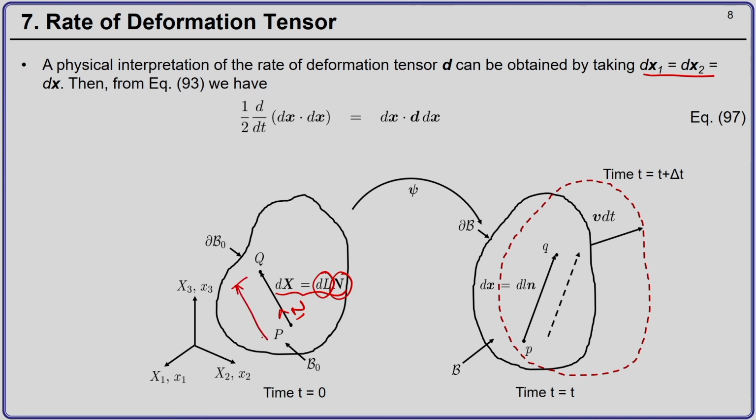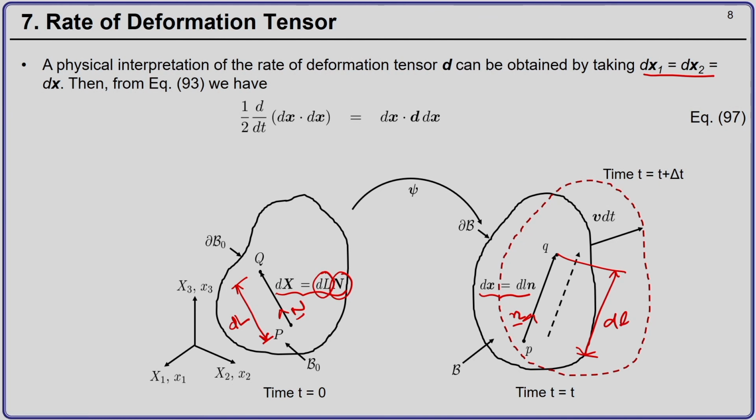And now, this vector gets mapped to the spatial vector dx given by dl into n, where n is the unit vector along PQ and small dl is the length of the vector PQ.